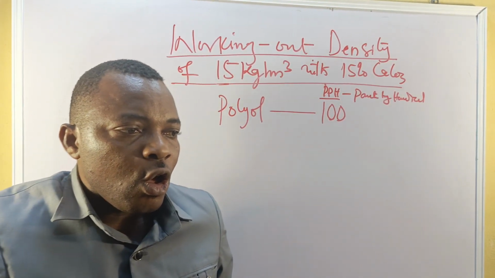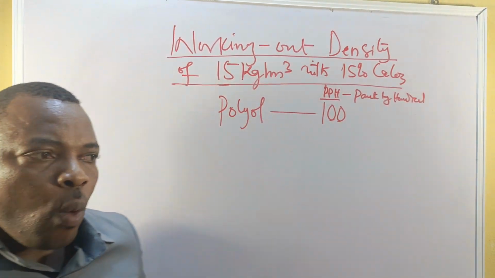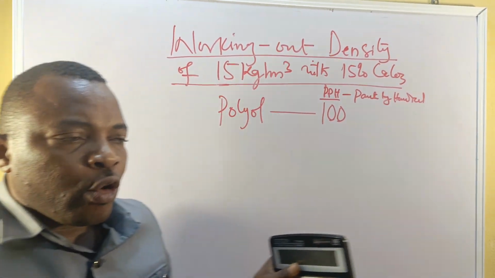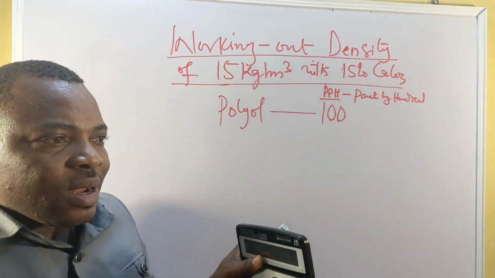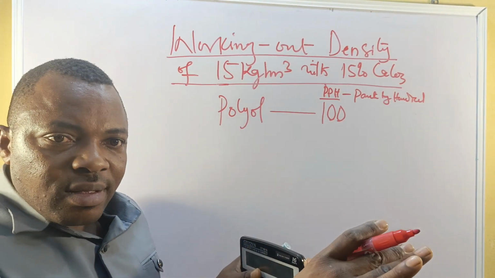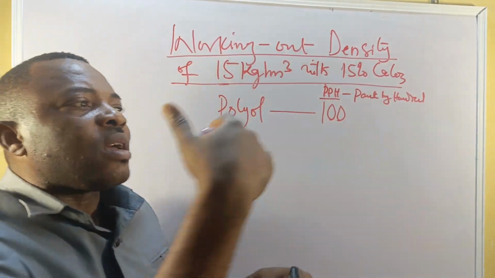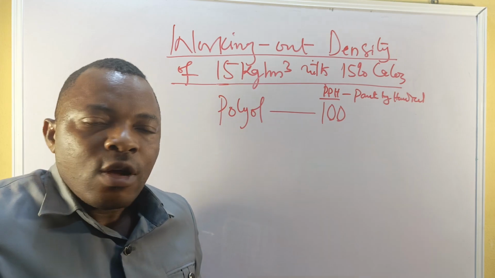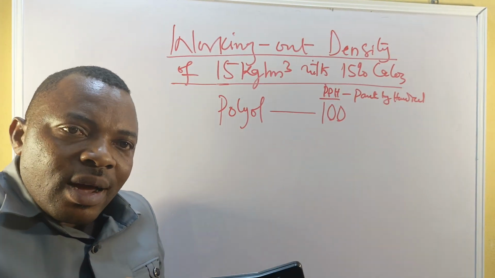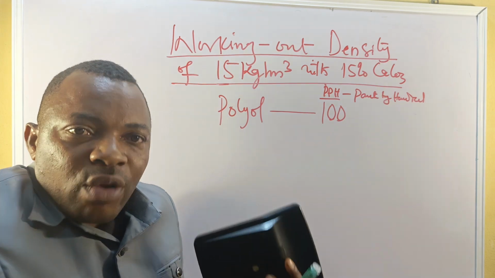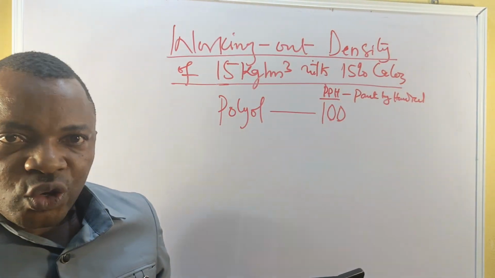If it does not, you can either increase it or reduce it, because while you are taking this to the machine, you have to be certain with what they call startup parameters, and it's subject to troubleshooting. While you are troubleshooting, correcting the mistake, we call it on the fly. So understanding the PU foam raw material and the chemical reaction or kinetics will help you carry out effective troubleshooting.